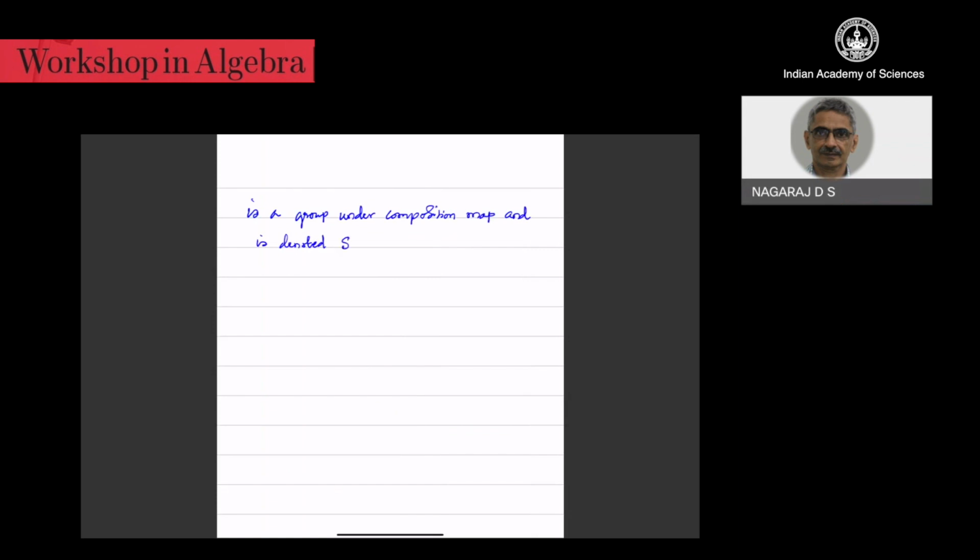This group is denoted by Sn, where n is that number. Okay. So note that you have such an example, and Sn acts on the set 1 to n.